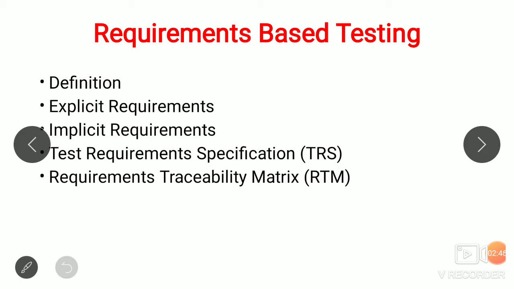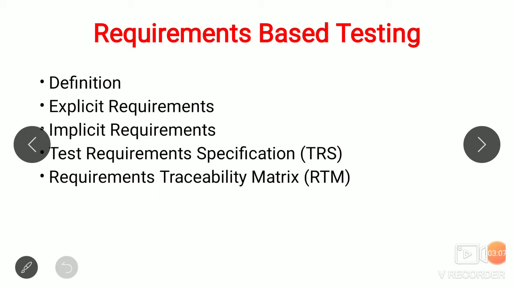Those requirements are collected and documented, and this is called SRS. Now we will see the difference between explicit and implicit. Explicit requirements are given by the customers, means SRS. What is implicit? Implicit requirements are not given by the customers. These are assumed by the testing team.